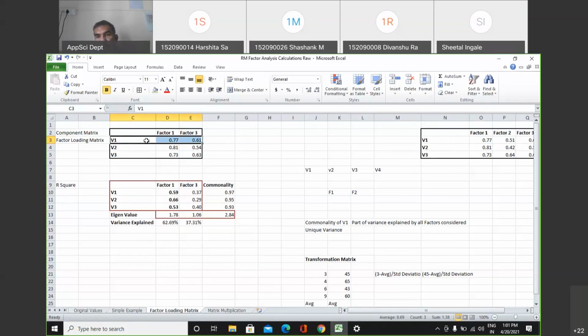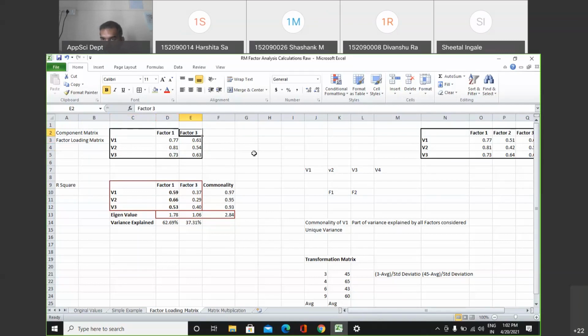That is why in some books you will find them very hazily mentioning that factor analysis has regression as its backbone or underlying process, without explaining what it means. But this is what it means. If we want, we can treat factor 1 and factor 3 as independent variables and try to explain these variables based on regression equations involving them. That is not in clash with anything we have discussed so far.